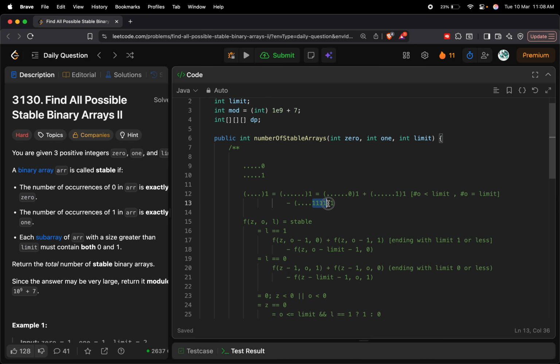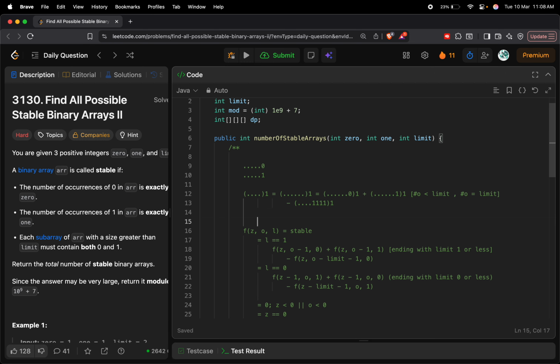I'm fixing this, because I have to eliminate all these answers. I can write this as basically all the characters ending with 0. I hope you already got it.